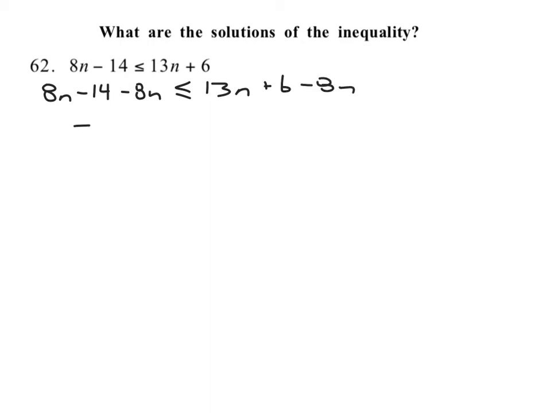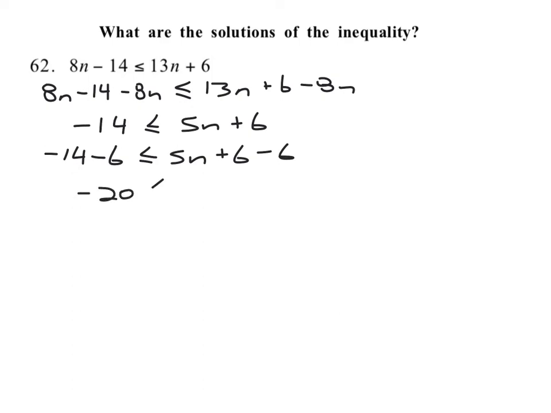Okay, and I get then negative 14 is less than or equal to 5n plus 6. Now I'm going to subtract 6 from both sides. Negative 14 minus 6, less than or equal to 5n plus 6 minus 6. Or negative 20 is less than or equal to 5n.